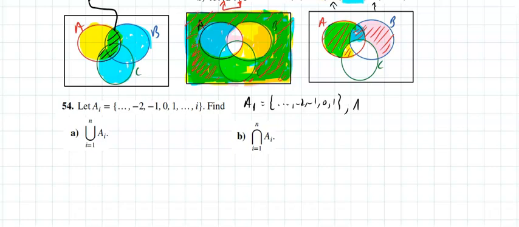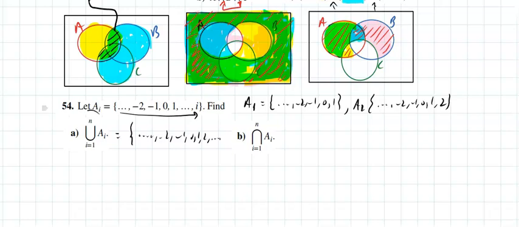A sub 2 is -2, -1, 0, 1, and 2. A sub 3 is all the way down to 3. A sub 4, A sub 5. If I take the union of all of these sets, since you go all the way to n, the union goes all the way to n.